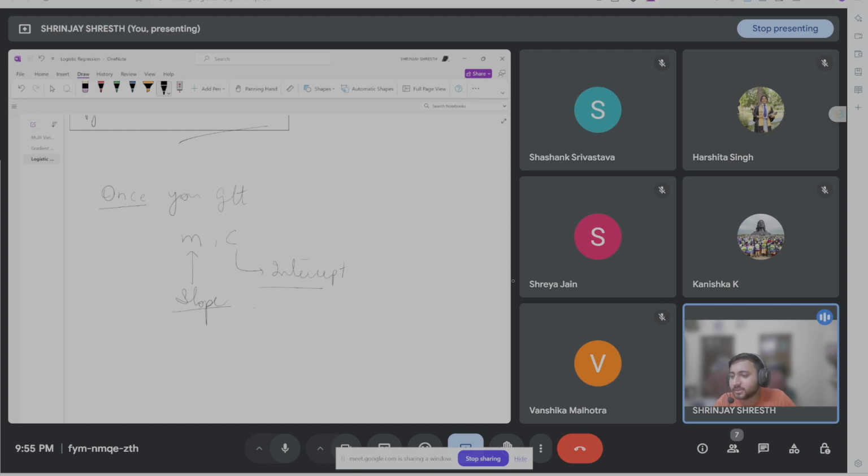Once you get this, you can always go on and build a hypothesis function of the order mx plus c, where this is what you have got using your sigmoid function. I can build that. So let's go on and predict this. It is very easy.